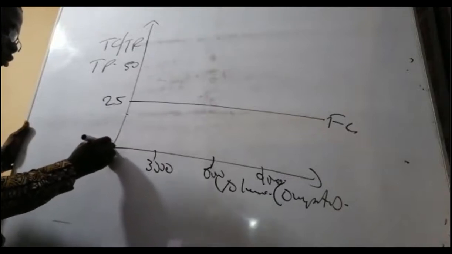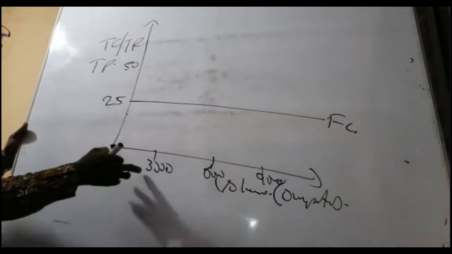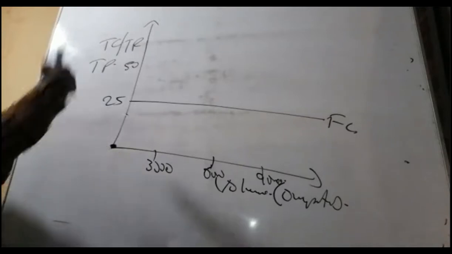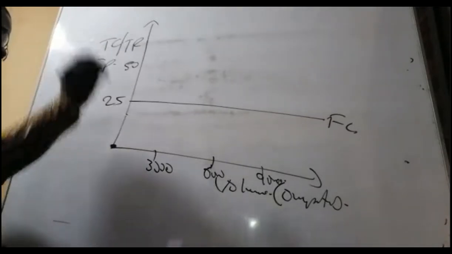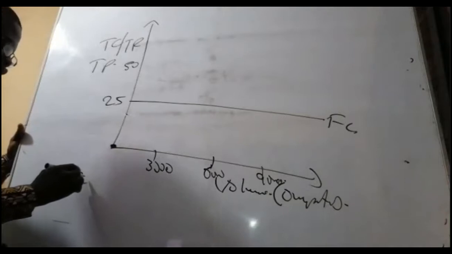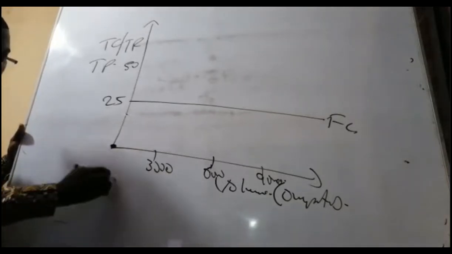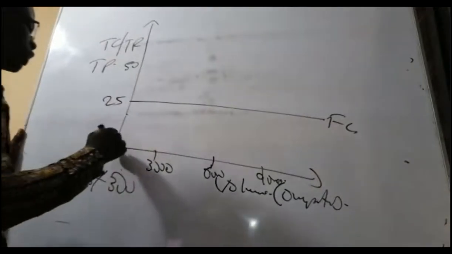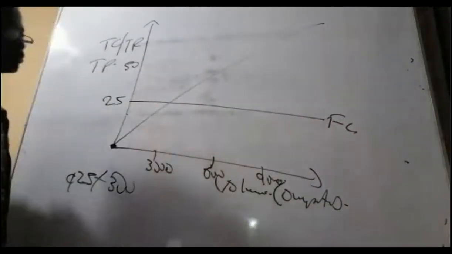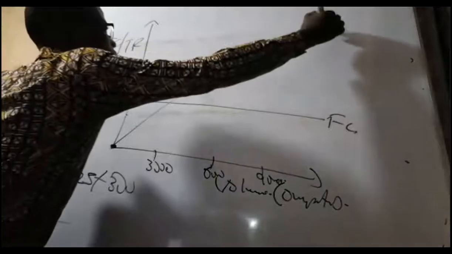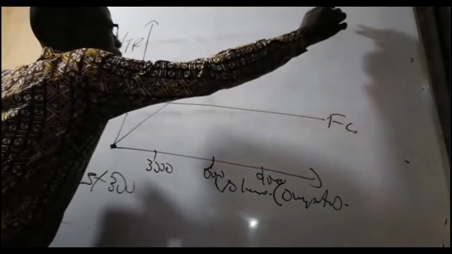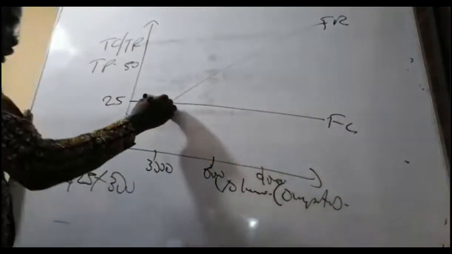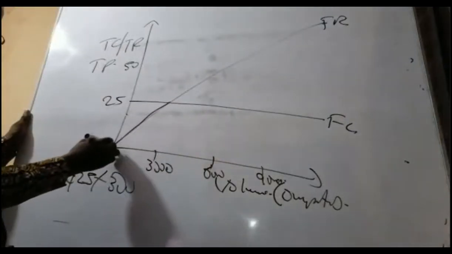So when you produce 3,000 or 1,000, what will be the sales revenue? The sales revenue will be the 25 times that figure. Then you plot it. It will give you a straight line. So you just draw the line like this. Name it total revenue. The total revenue starts from the 0 point.